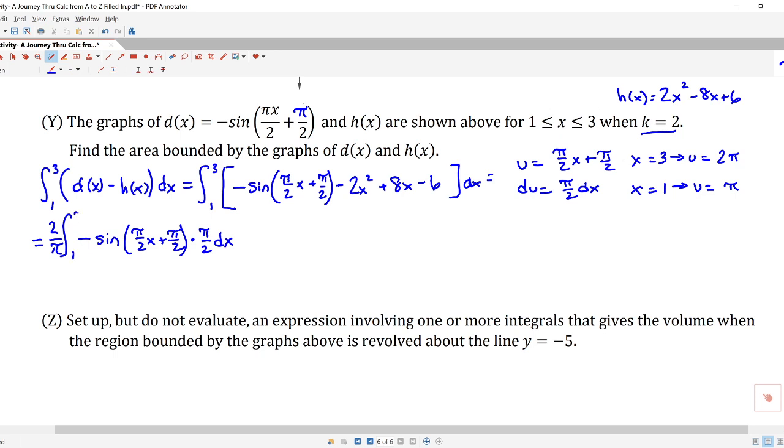They are still 1 and 3 as long as it's x in here. I haven't substituted the u in there, so it's going to stay that way. Minus the integral from 1 to 3 of 2x squared plus the integral from 1 to 3 of 8x dx minus the integral from 1 to 3 of 6 dx. And there should be a dx here too.